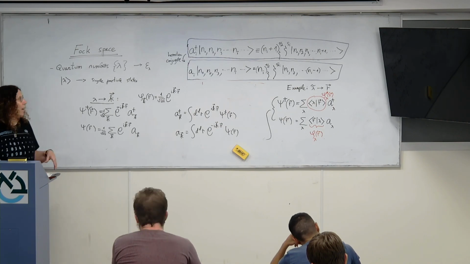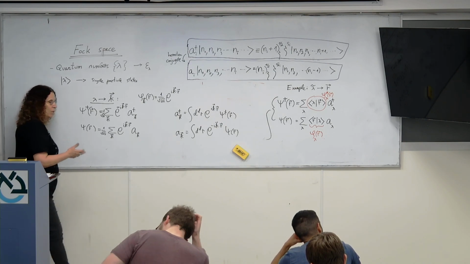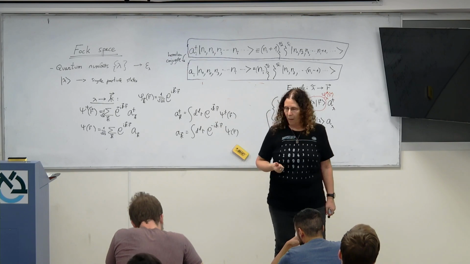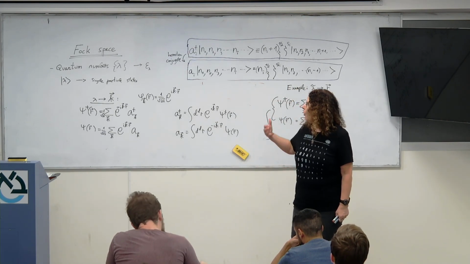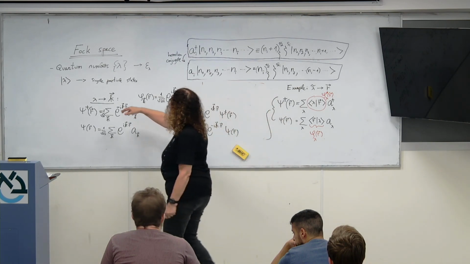So we have actually all the machinery, all the tools to go on. And let me summarize. We learned, first of all, that we have here a new language where we can define many-body states in Fock space.